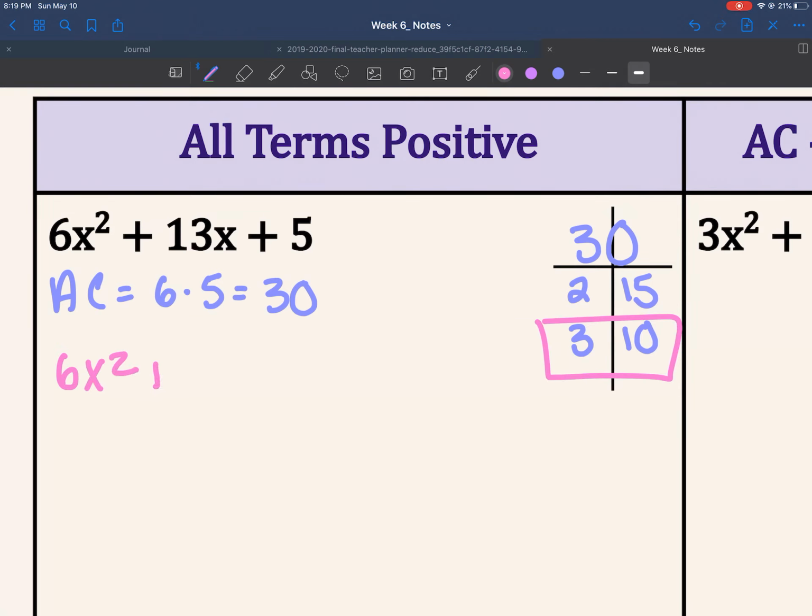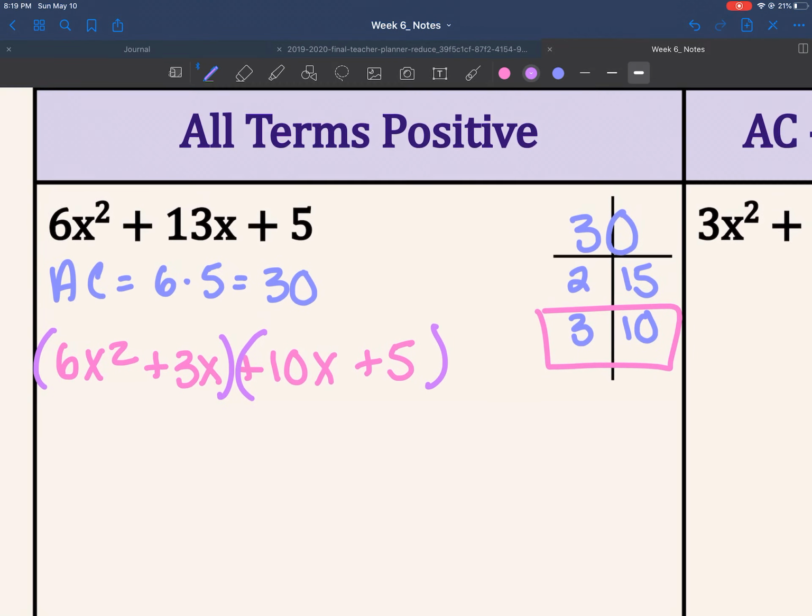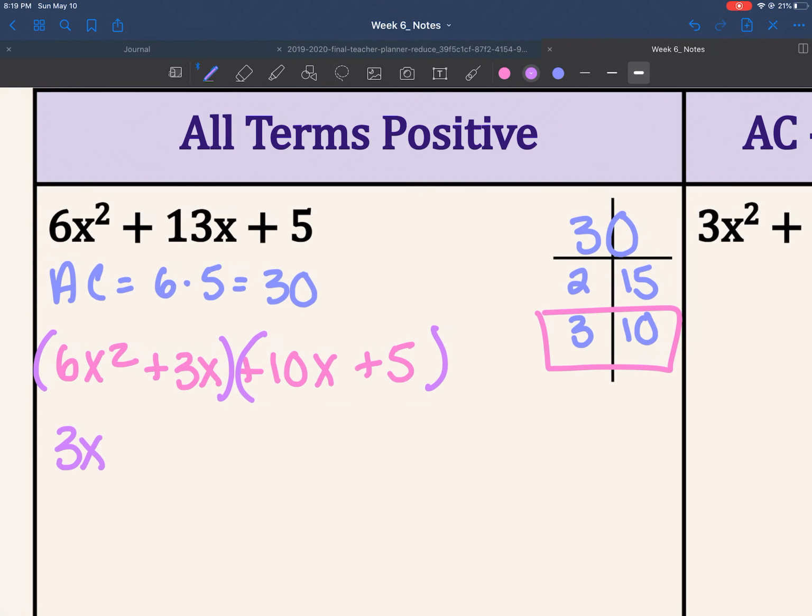I'm going to have 6x squared plus 3x plus 10x plus 5. I'm going to break them up into pieces and factor. So I can pull out a 3x from here, and I get left with 2x plus 1.